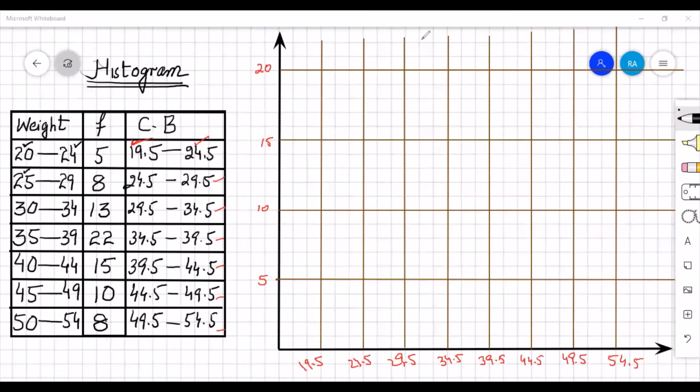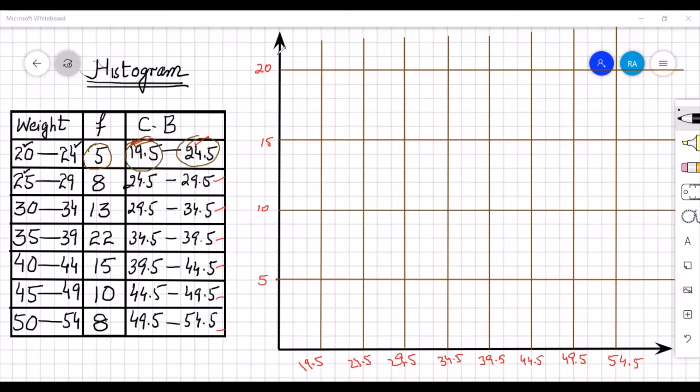Dear students, remember that if we want to draw the bar for frequency 5, it will be between 19.5 and 24.5.